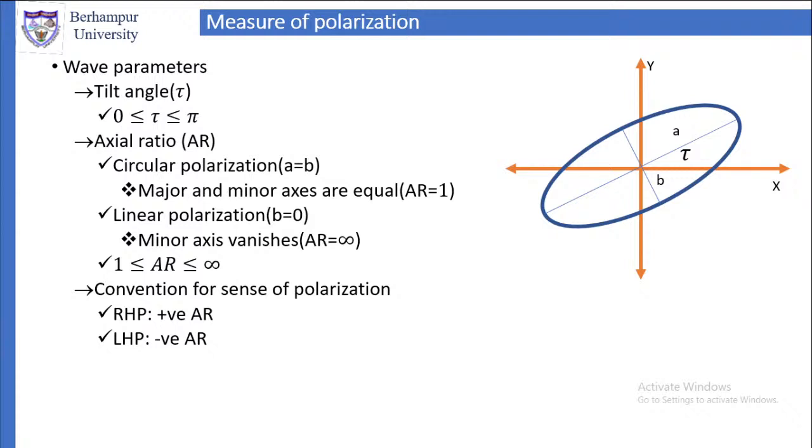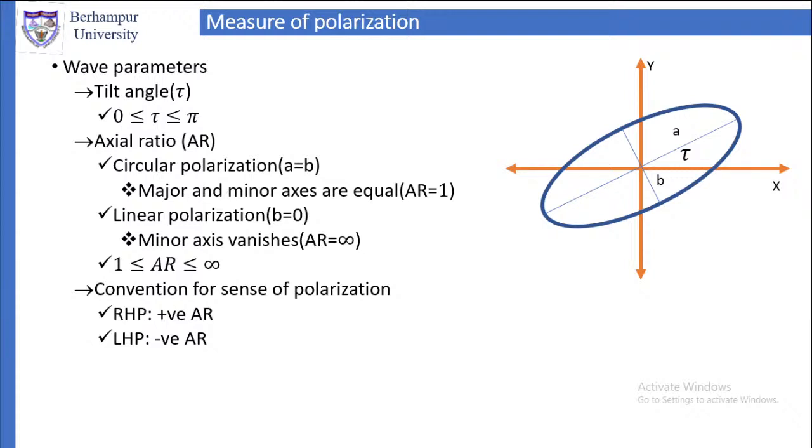How is it possible? Now you can know from here that actually we are considering the absolute value of AR. So 1 less than equal to absolute of AR less than equal to infinity. Now this AR actually is between 1 and infinity. As a convention, if we are describing a RHP, we are considering positive AR.